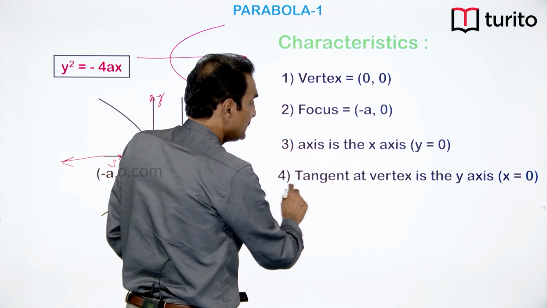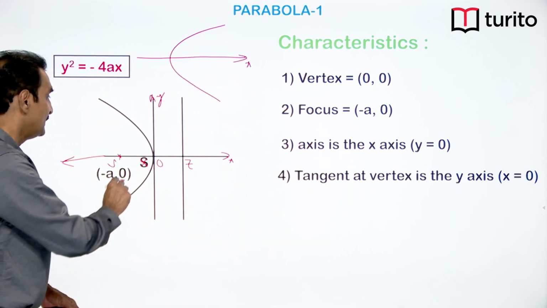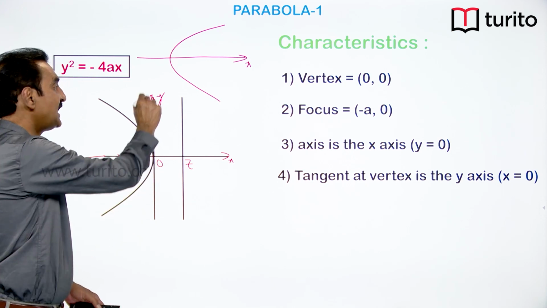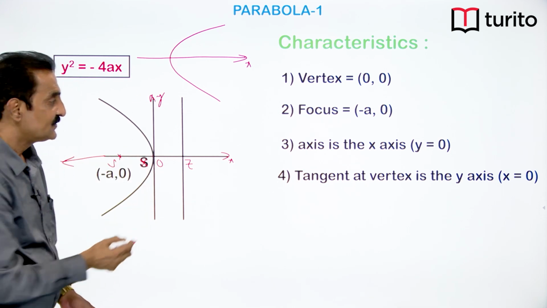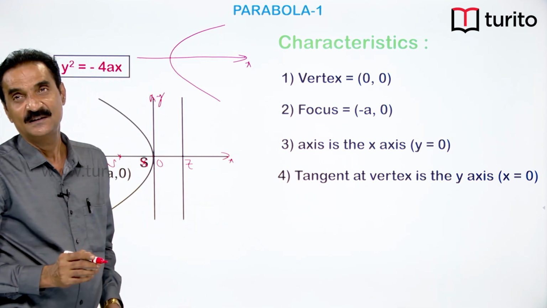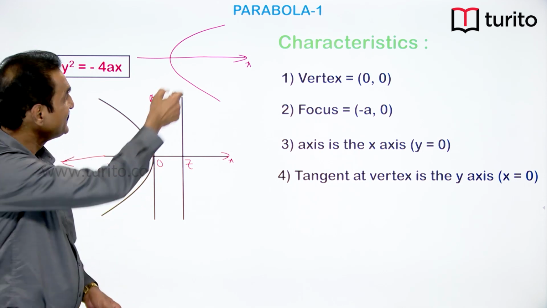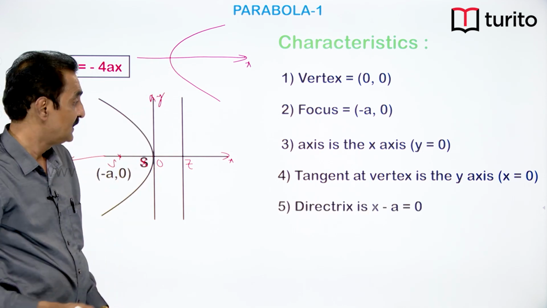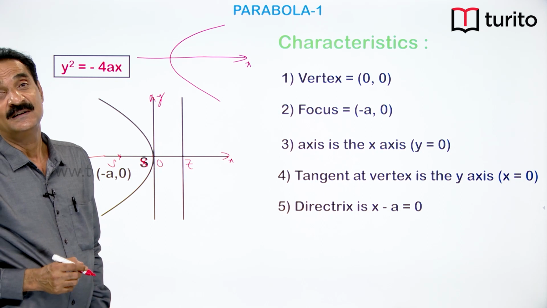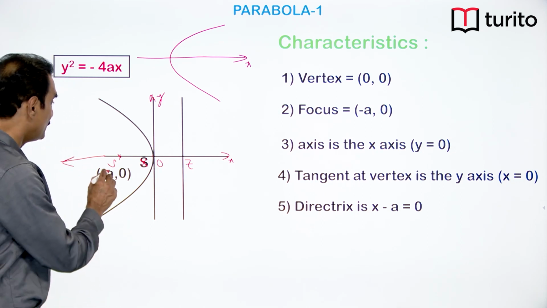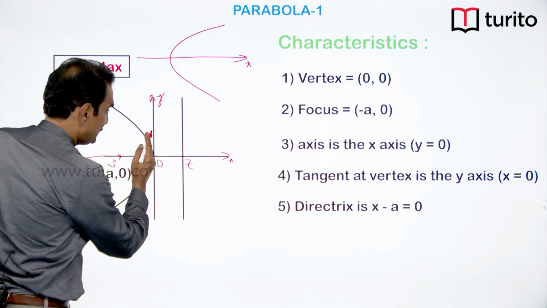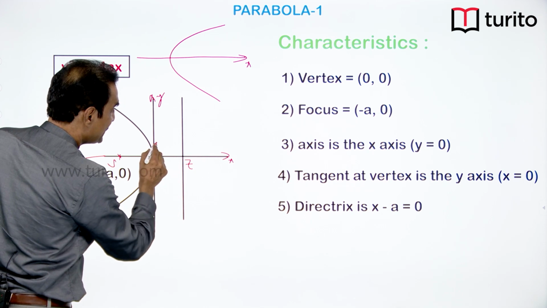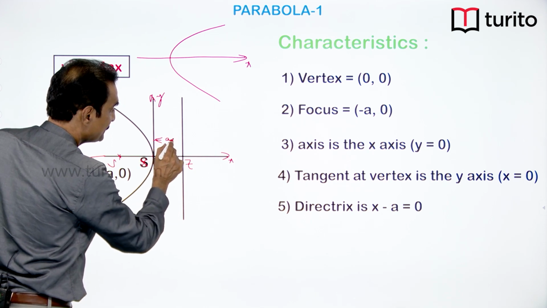Next, tangent at the vertex. At this point, if we draw the tangent, what is it? The y axis. So, the tangent at the vertex is the y axis, equation is x = 0, same as that parabola. Directrix is x - a = 0. This is on the right side of the y axis at a distance of a units.